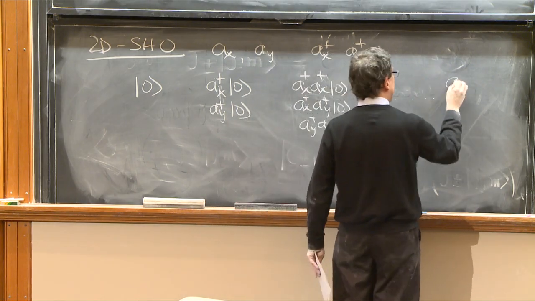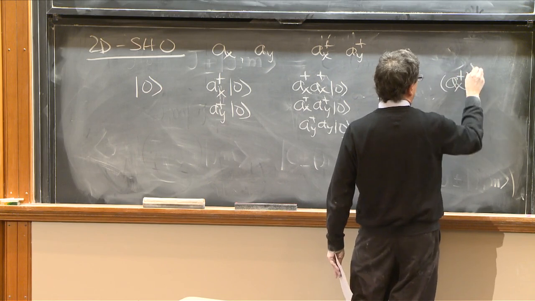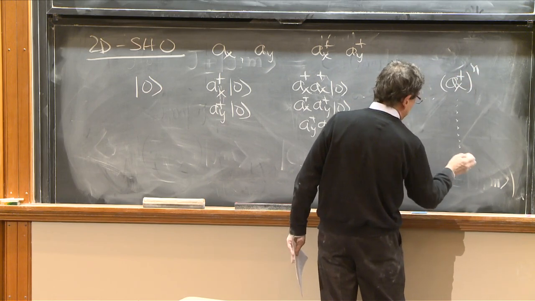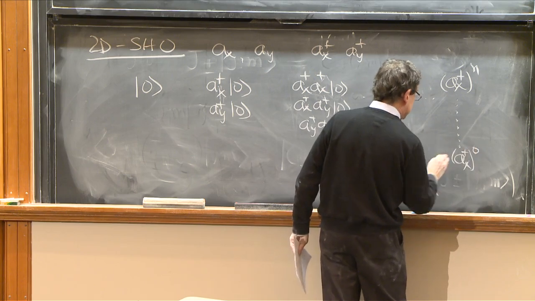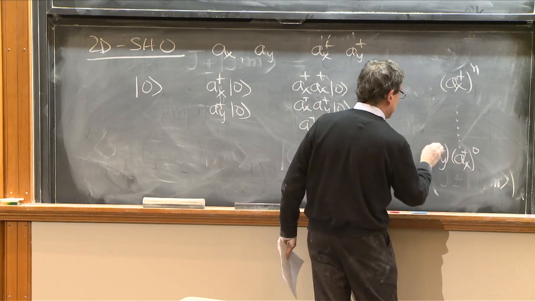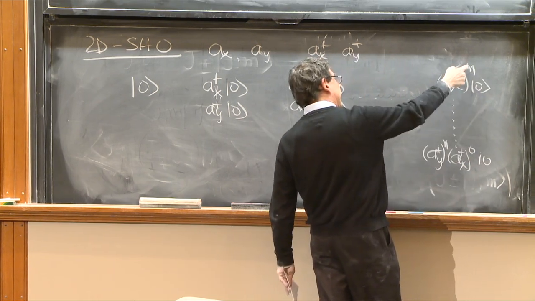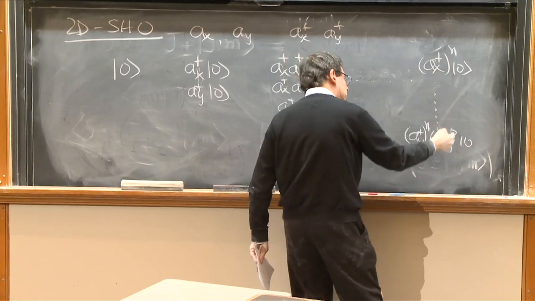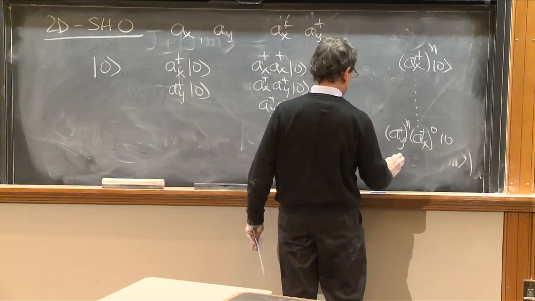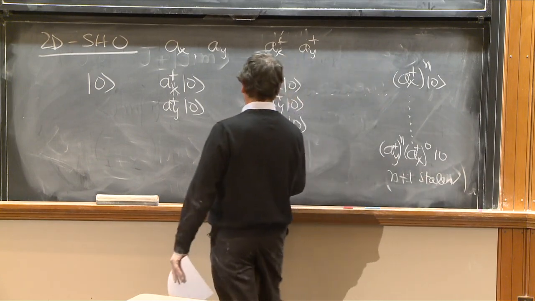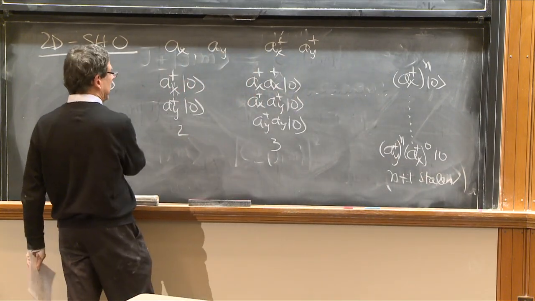Go up to a_x dagger to the N, up to a_x dagger to the 0 and a_y dagger to the N. And that's N a daggers up to 0 a daggers, so N plus 1 states. Three states, two states, one state.